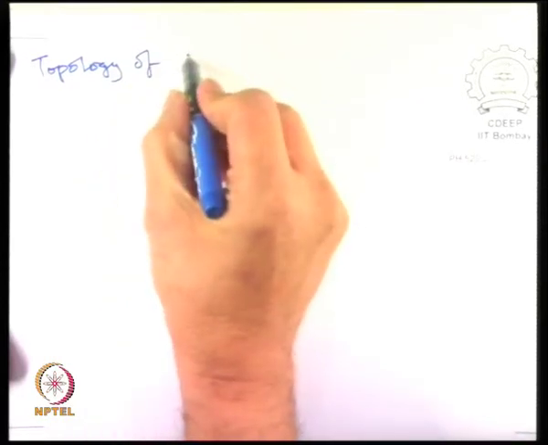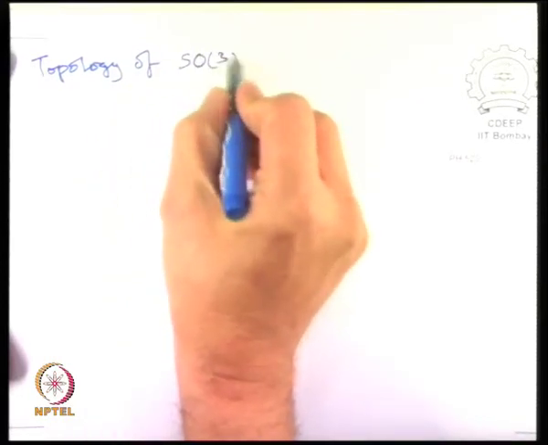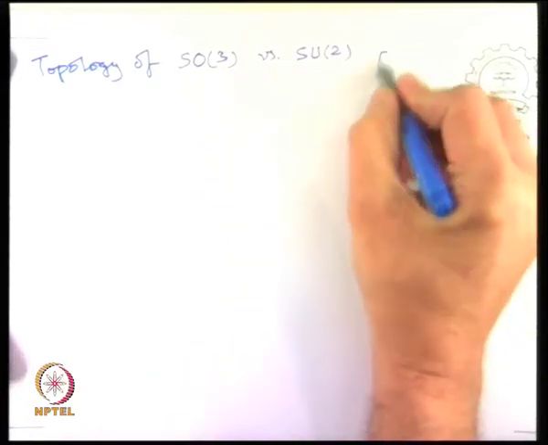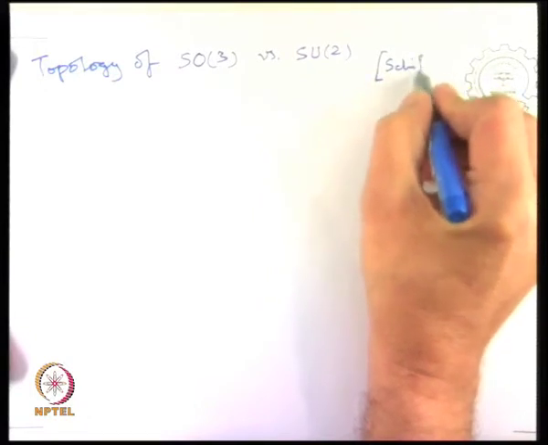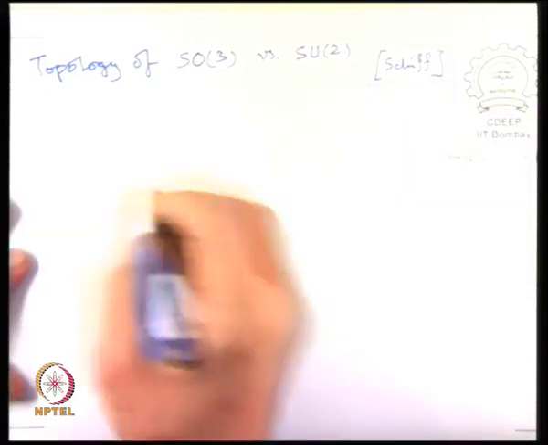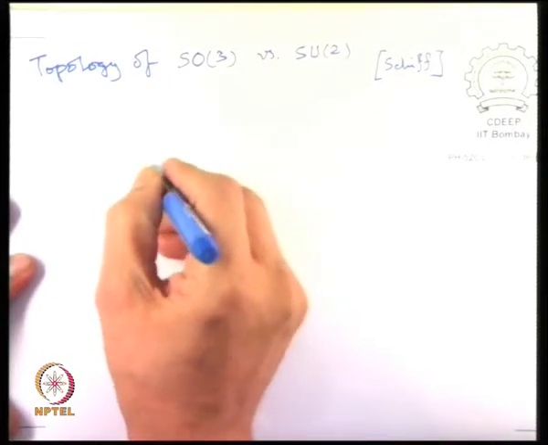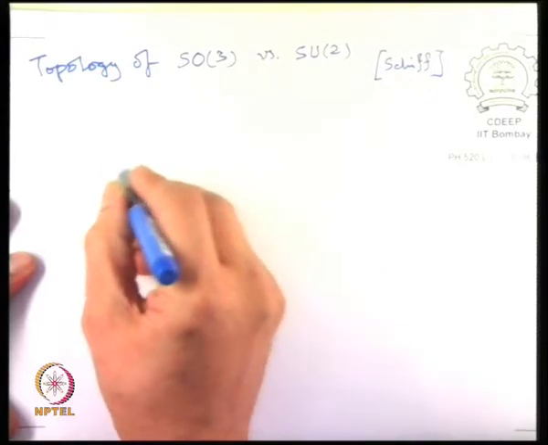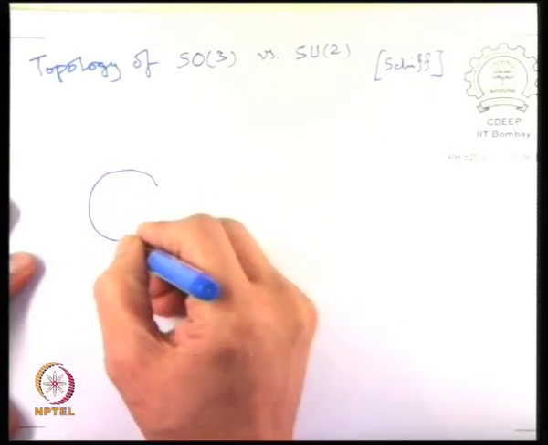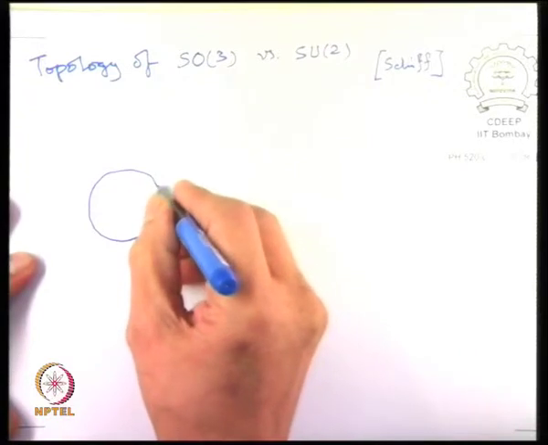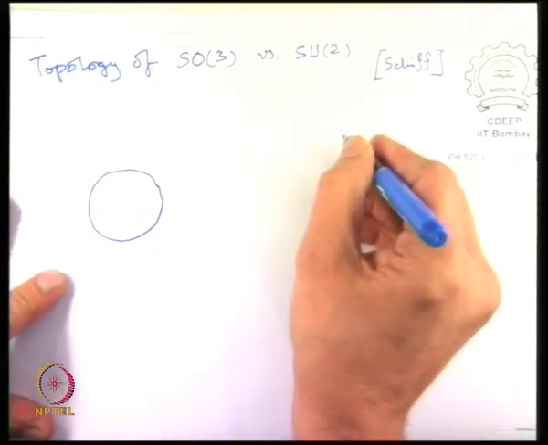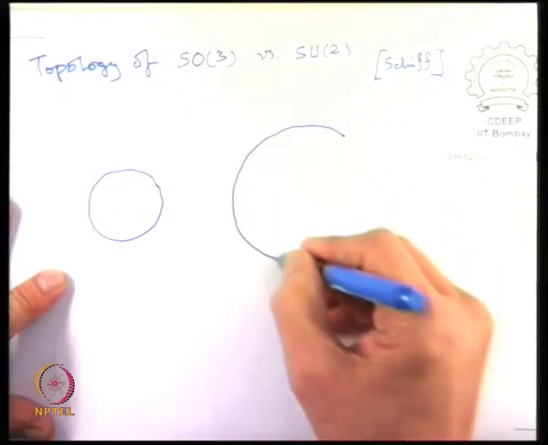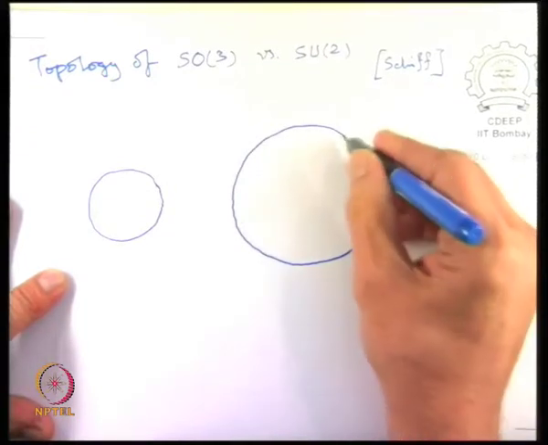Topology of SO3 versus SU2. The point is that we will try to draw these two spheres, and this will be SO3, and although I promised you that topology has no sense of distance in it, we will draw double the size sphere.